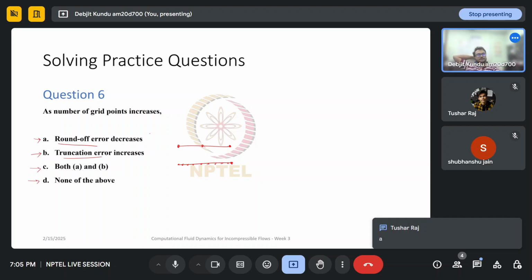Okay, we have one response in favor of option A, that round off error decreases if I increase the number of grid points.